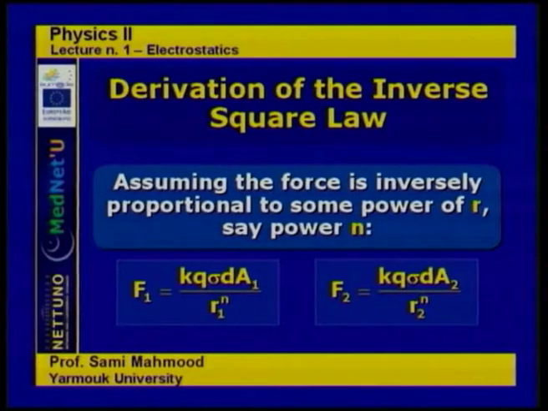And similarly, the force acting on the point charge by surface area dA2 is equal to k times the charge Q times the charge on the surface, sigma dA2, divided by r2 to the power n. These are the two forces acting on the point charge.